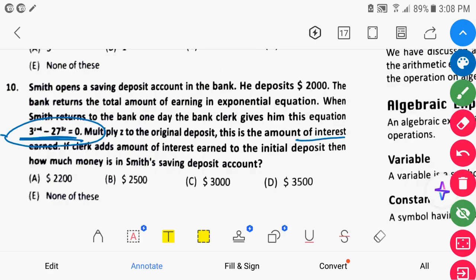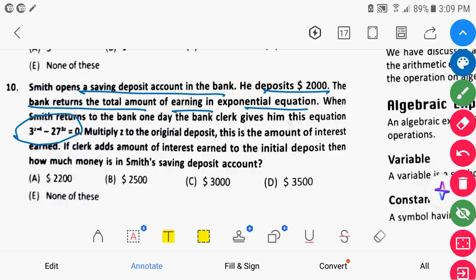Okay, and this interest, whatever value we get of this z, the interest is the deposit multiplied with that z, and the total amount is deposit plus interest. So if you read the example carefully, you understand that Smith opens the saving bank account. He deposits $2,000. The bank returns the total amount of earning in an exponential equation, this one. Okay.